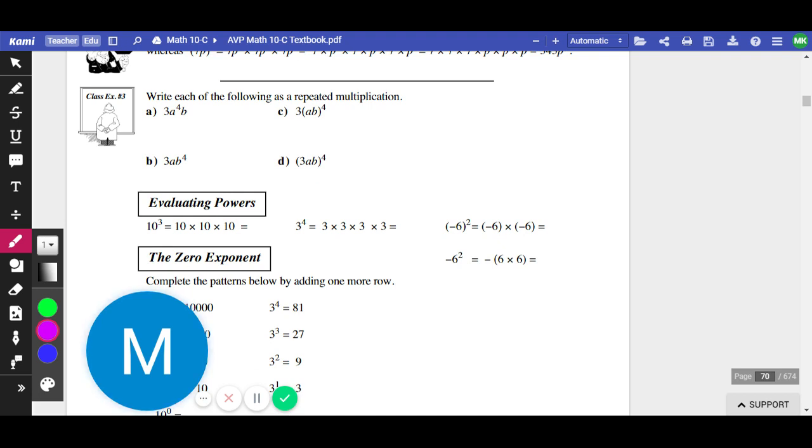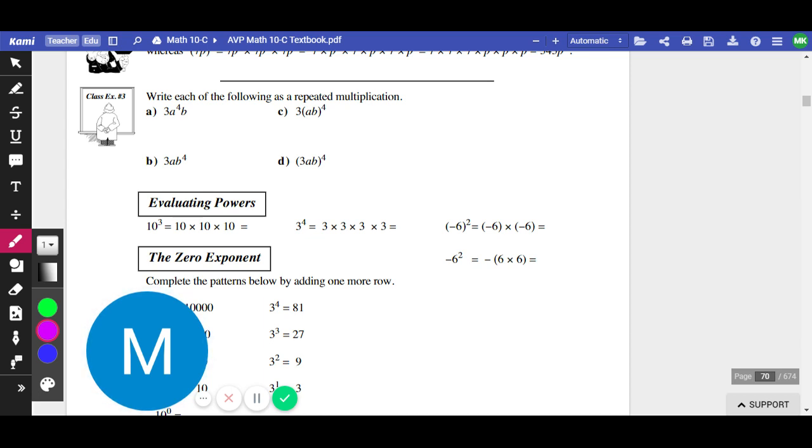We'll look at a couple of questions. For instance, you can see these are 4 questions that are all the same. They all have a 3, an a, a b, and a power of 4. They've changed where the exponent is, and they've changed where brackets are. If we write it as repeated multiplication, then you can see what each one looks like and why the brackets make such a difference.